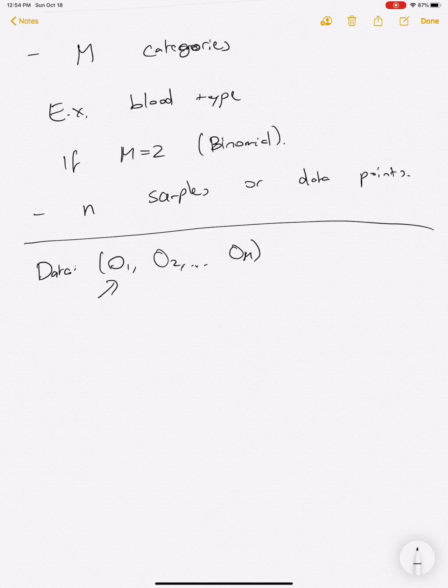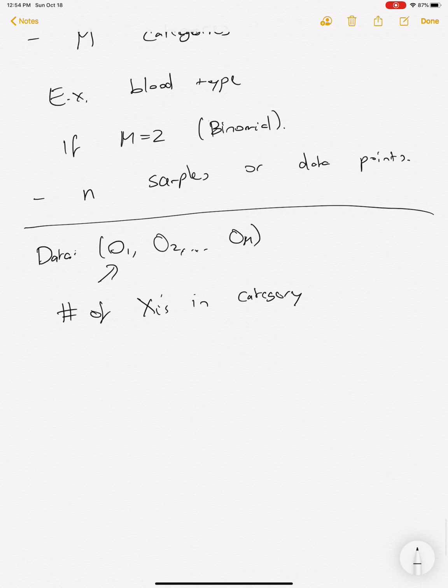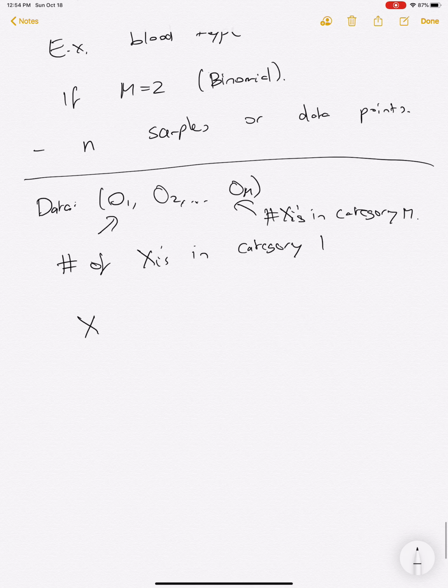This is the number of xi's in category 1, and similarly the number of xi's in category M. So xi denotes which category the sample falls in.